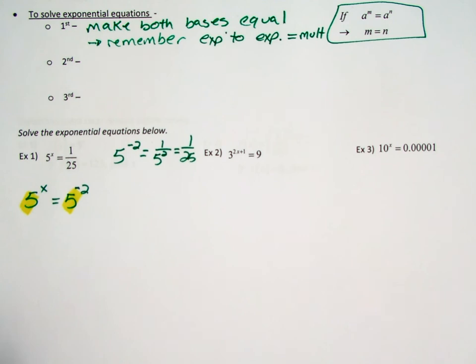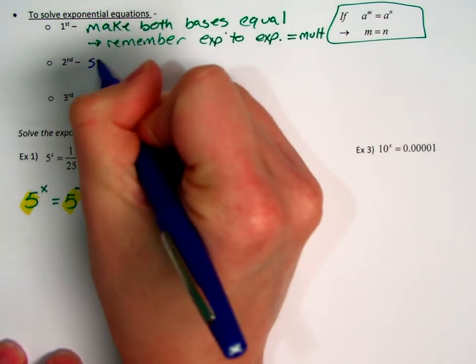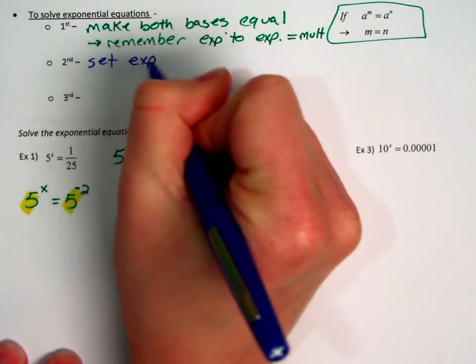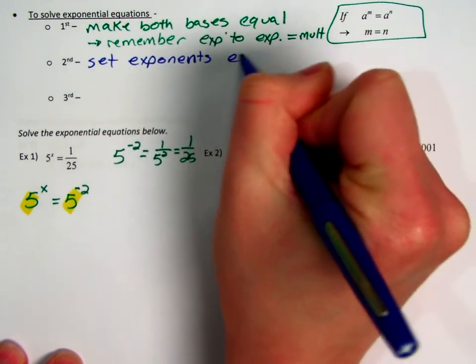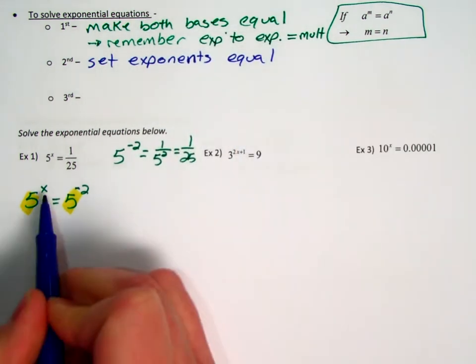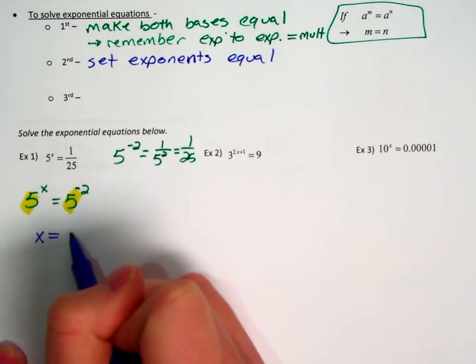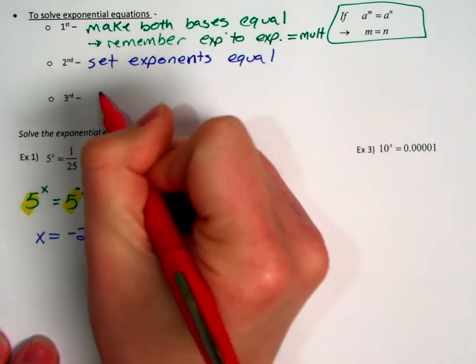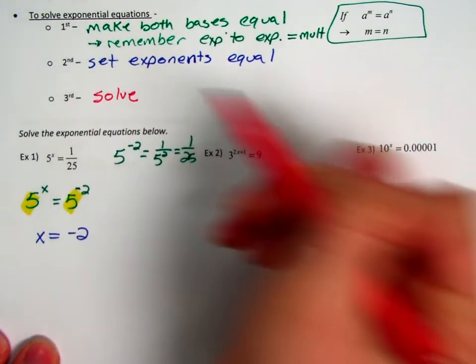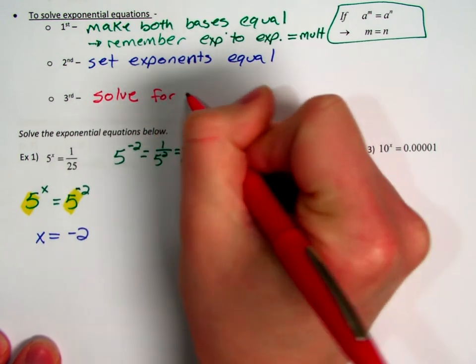Once our bases are the same, we can go ahead and set our exponents equal. So in this case, x equals negative 2. Now our third step we don't really need to do this time, which is to solve for the variable.